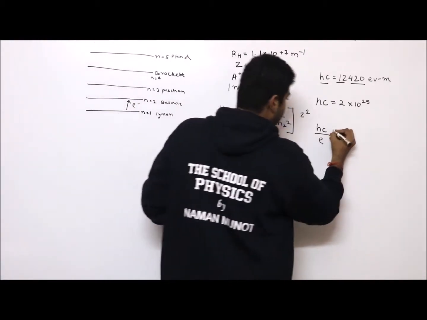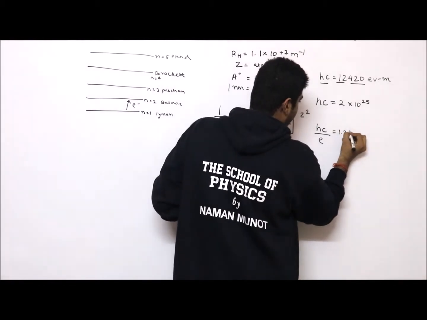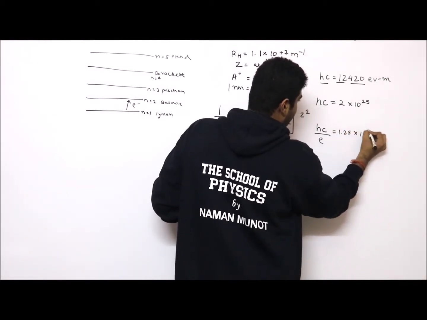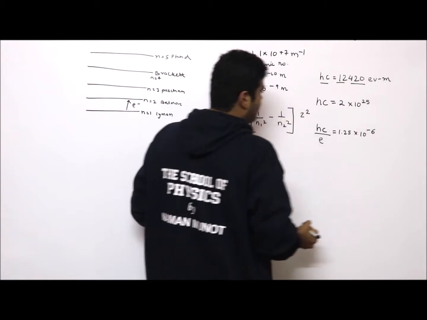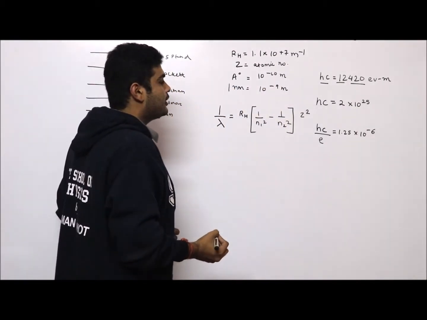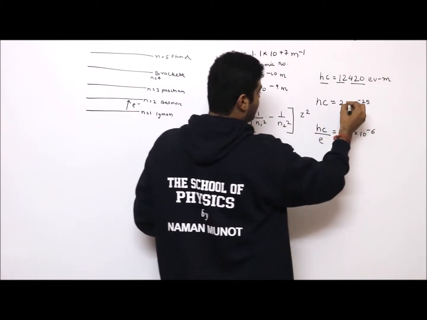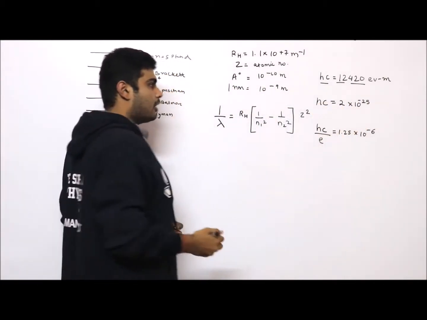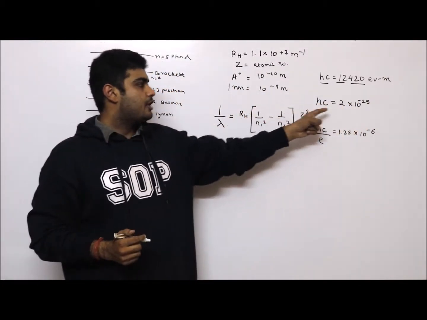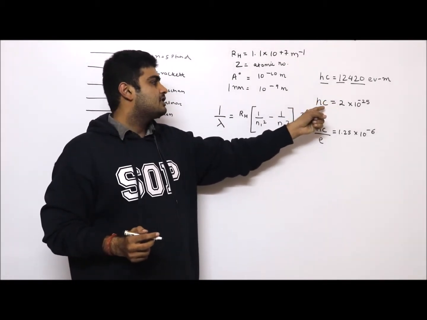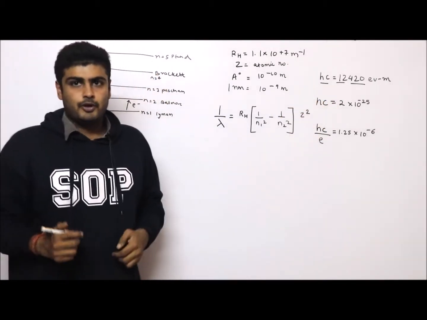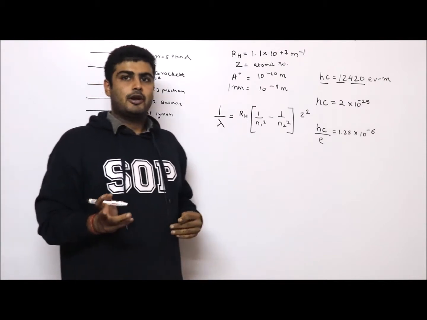So hc by e is 1.25 into 10 to the power minus 6. This is 2 into 10 to the power minus 25 since h is 6.634 into 10 to the power minus 34 and c is 3 into 10 to the power 8.